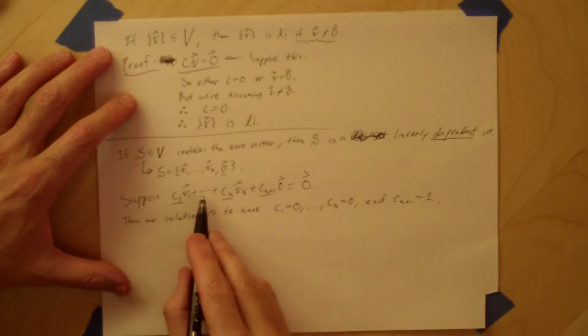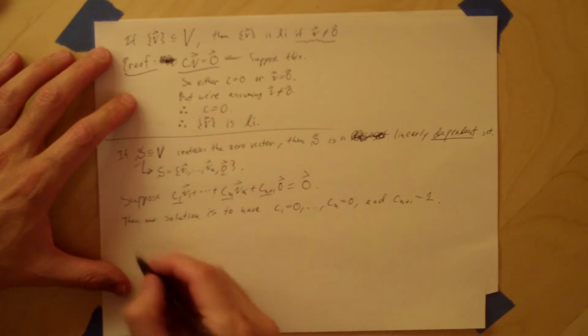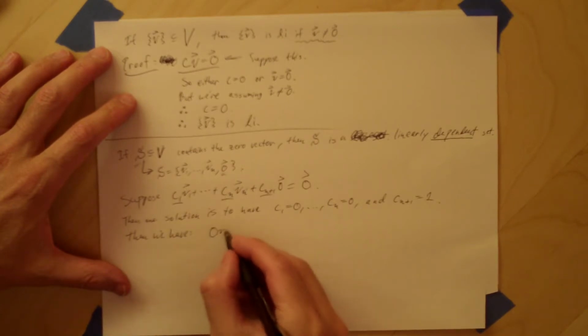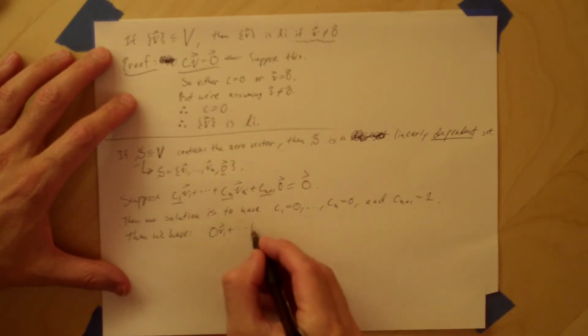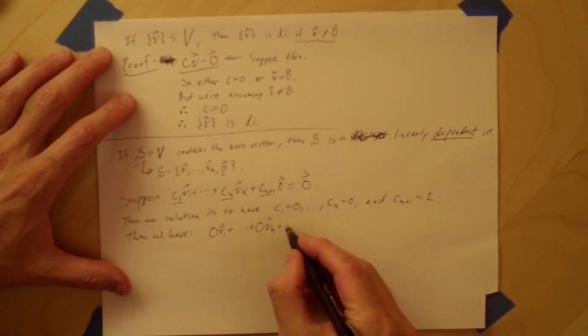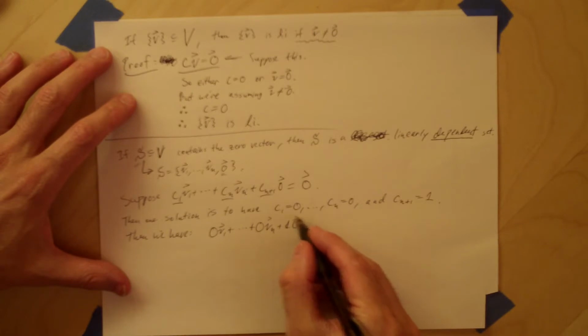So we have 0 V1 plus 0 V2 up to 0 Vn plus 1 times the 0 vector.